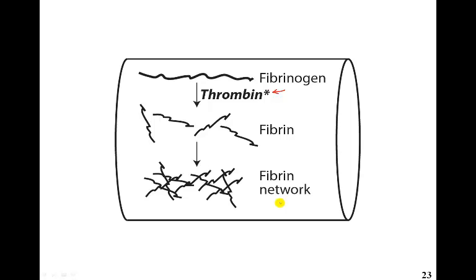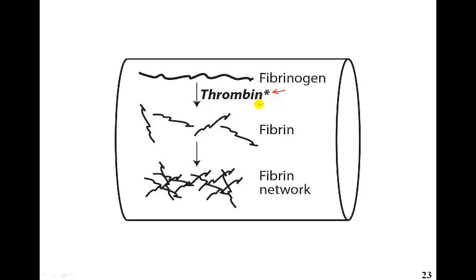So if we started by saying, what causes a blood clot? The initial answer was that blood clots form when fibrinogen is converted into fibrin, which then forms a fibrin network. And now we say, well, what does that? And the answer is activated thrombin is responsible for doing that.